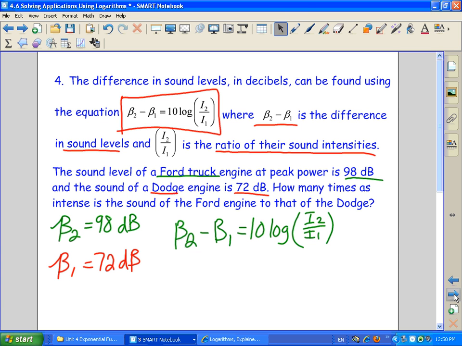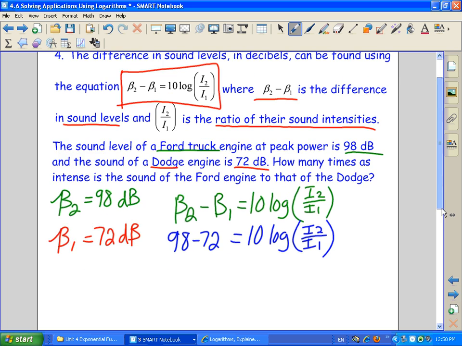All right, sub in the information we know, folks. So we know our sound levels, which are the decibels. So it's going to be 98 subtract 72 equals 10 log of your intensity ratio. Now we're going to work at simplifying the left side.